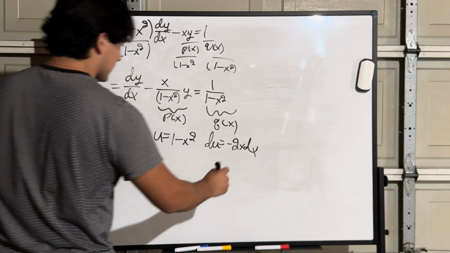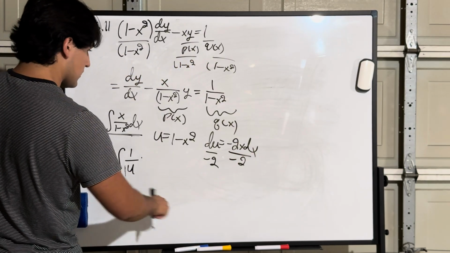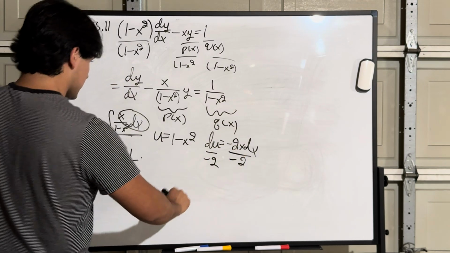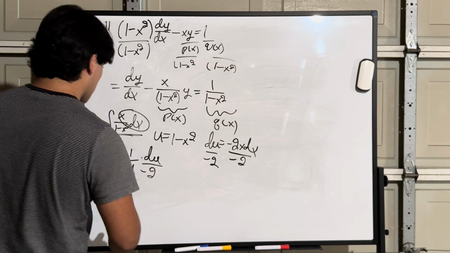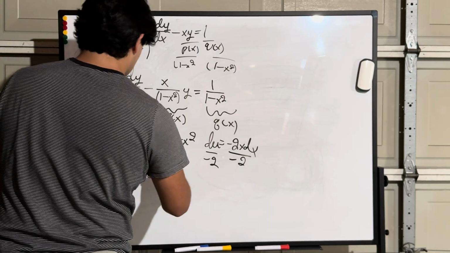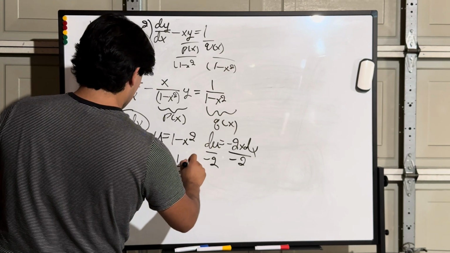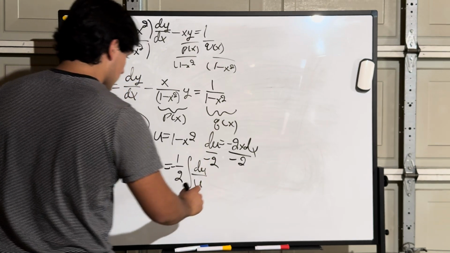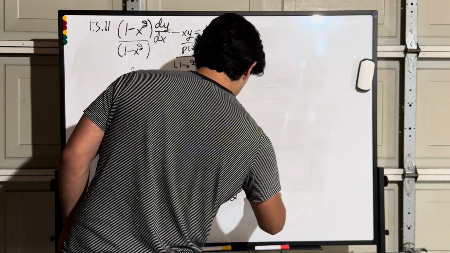And then our du, we can just divide by negative 2, times x dx, which is this function. So times du over 2. And this is negative 1/2 integral du over u, which is equal to negative 1/2 times natural log of u.